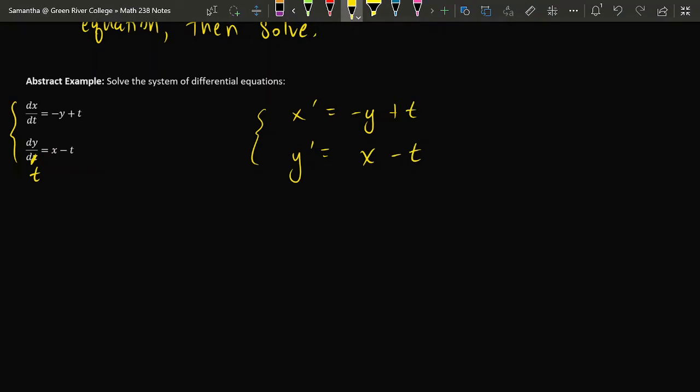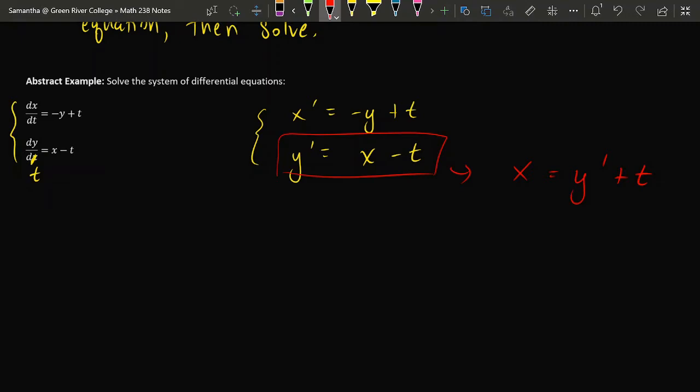What I'm going to do now is take one of these equations and completely isolate one of the output variables. For example, if I start with equation number 2 and add t to both sides, I get the fact that x in reality is equal to y prime plus t. So I've completely isolated x, and I have expressed it in terms of the other output variable y and the input variable t.